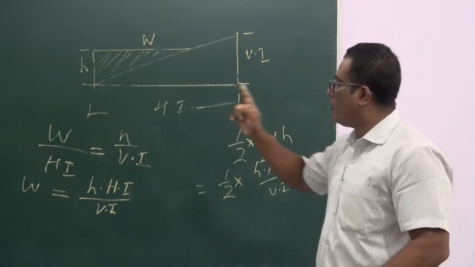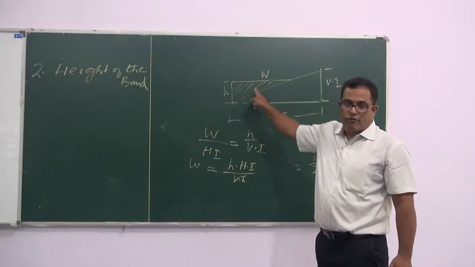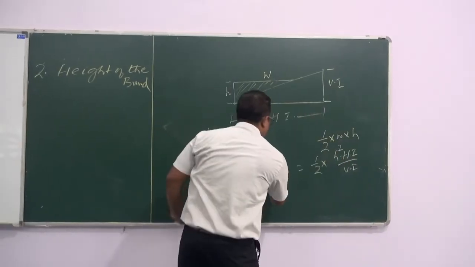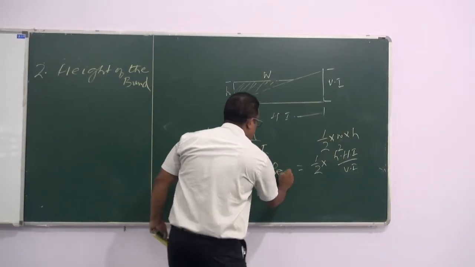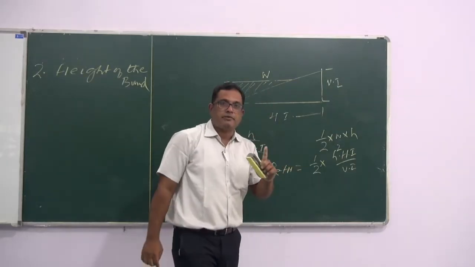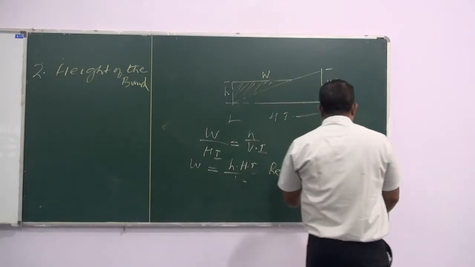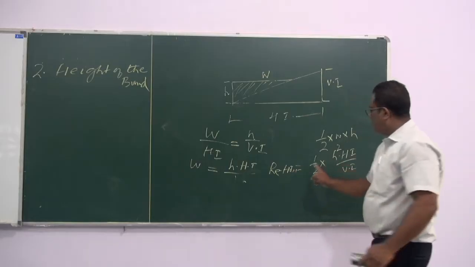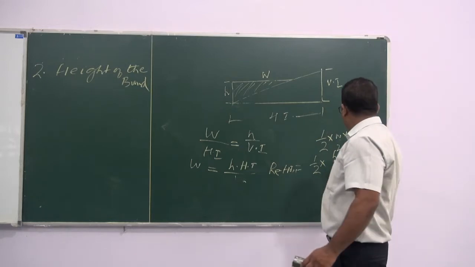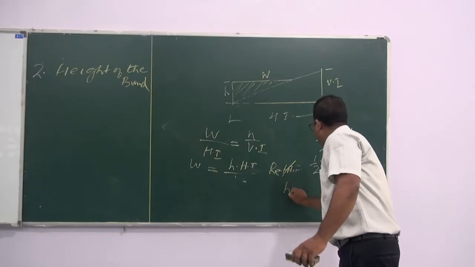The volume of excess rainfall per unit length will be RE into HI, where HI is the distance spacing between two bunds, into 1, that is unit length. If these two volumes are compared, then HI gets cancelled.